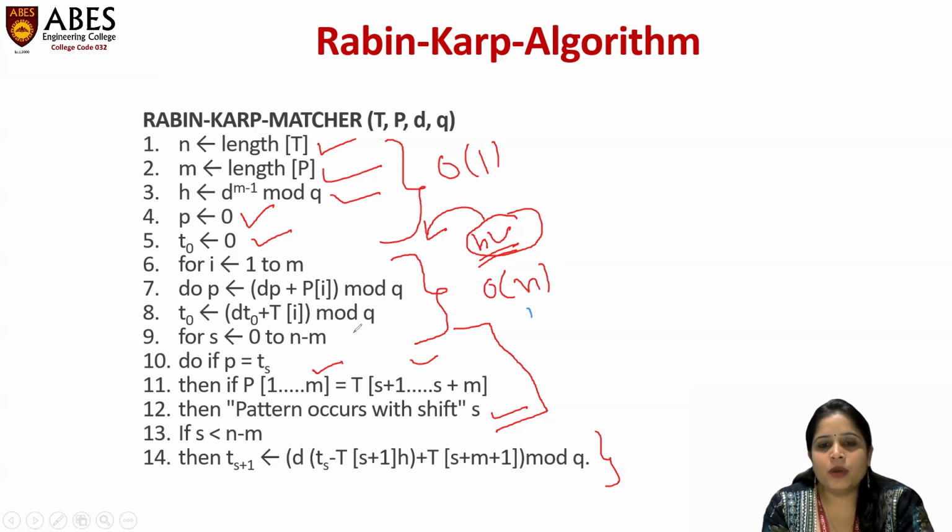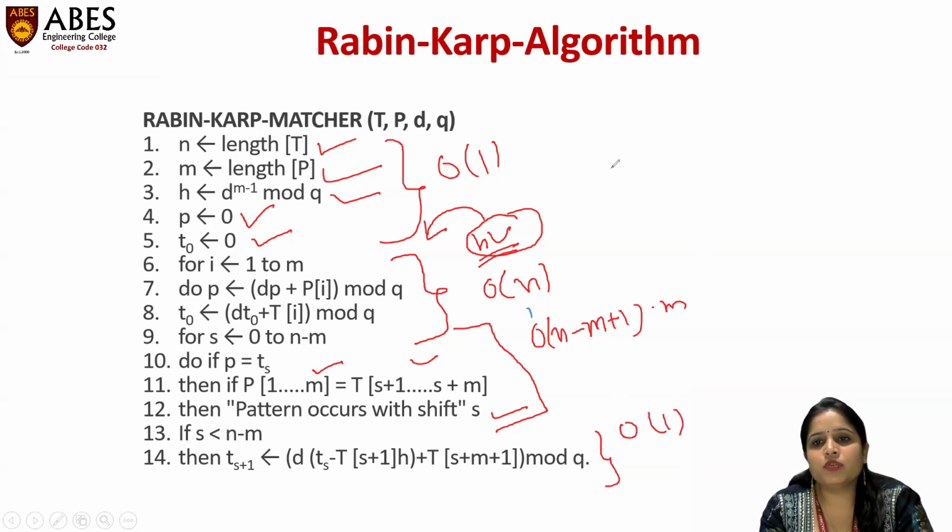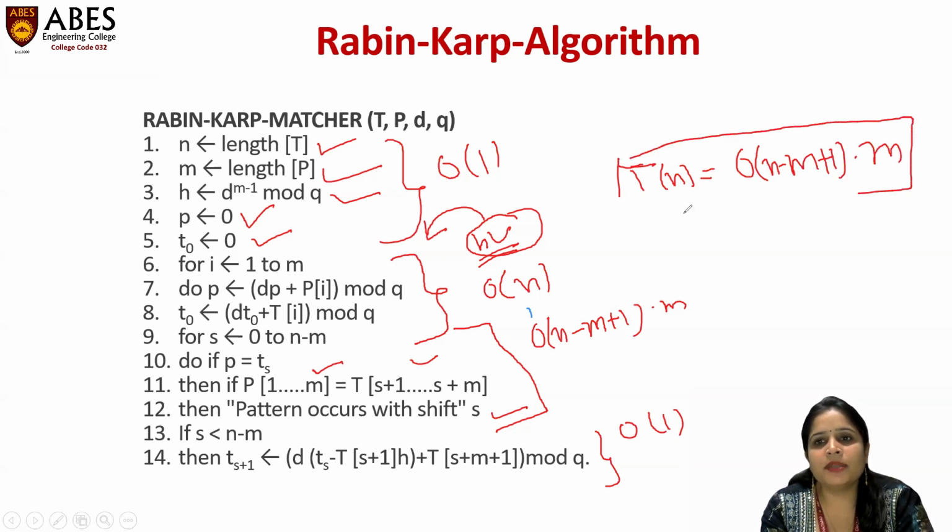If I analyze this loop, the time complexity in that case is order of n minus m plus 1, and the size of the pattern is m. This again takes constant time, order of 1. So the total time complexity of the Rabin-Karp string matching algorithm is order of n minus m plus 1 times m. I hope you understand the analysis of the Rabin-Karp string matching algorithm.